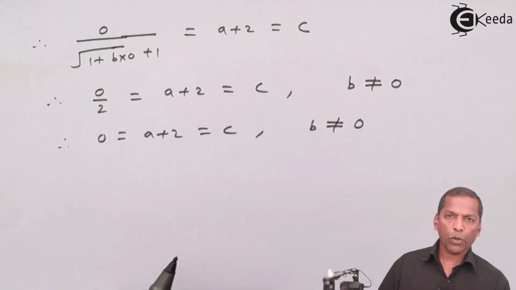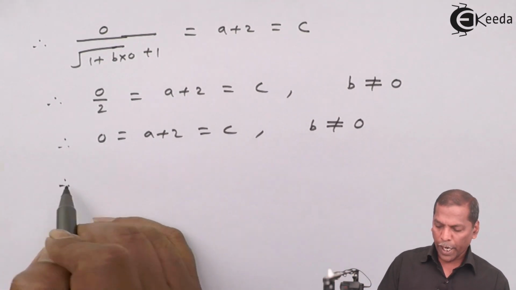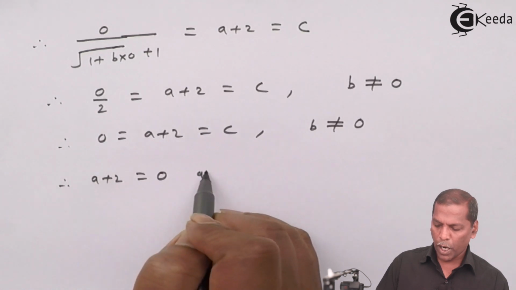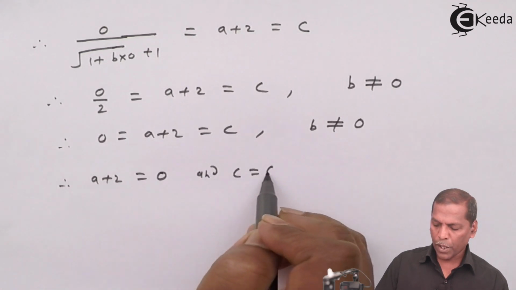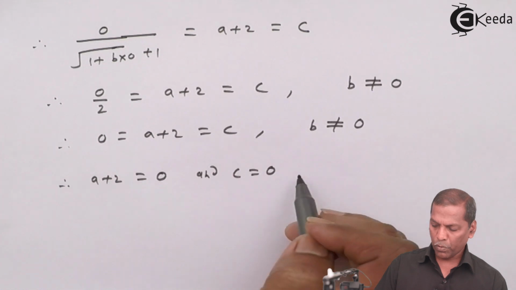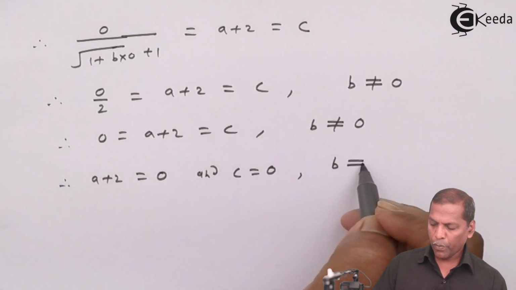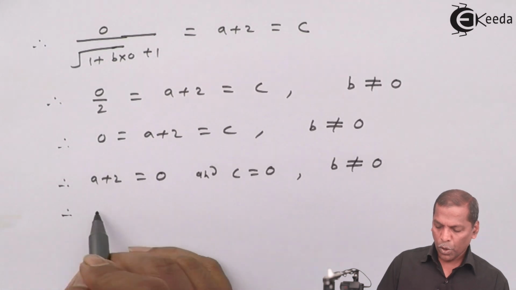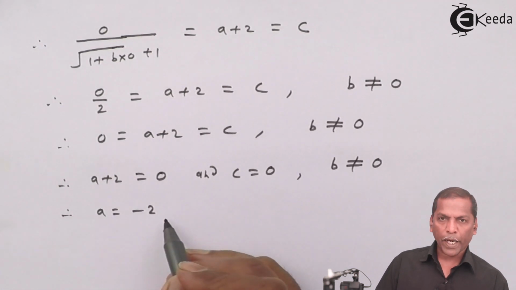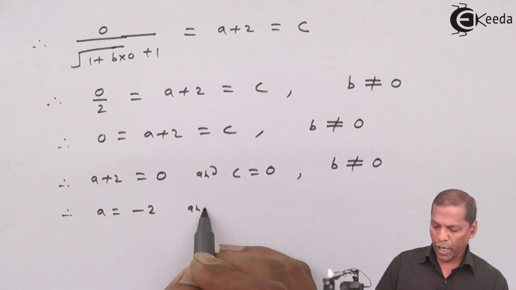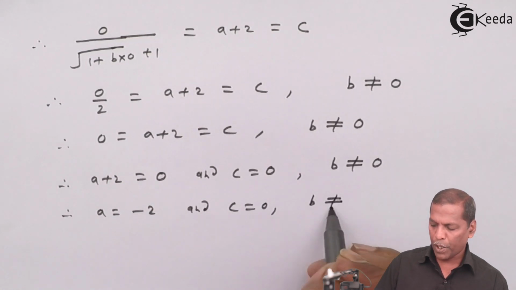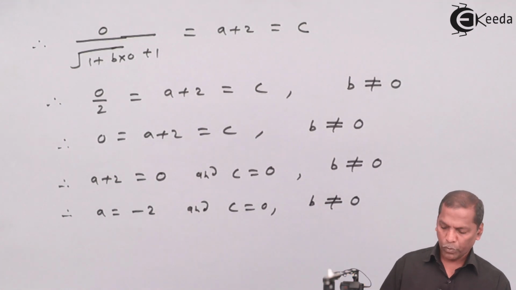So the next step will be we have a plus 2 equal to 0 and c also equal to 0, provided b is not equal to 0. So therefore a equals minus 2 and c equals 0, provided b is not equal to 0.